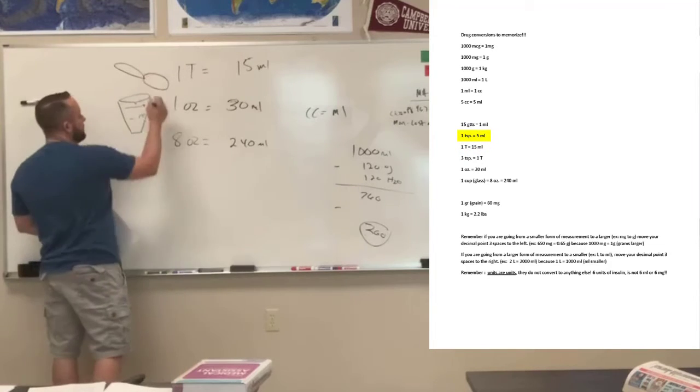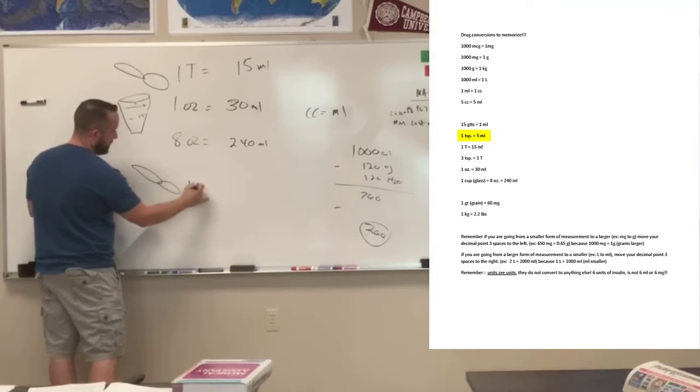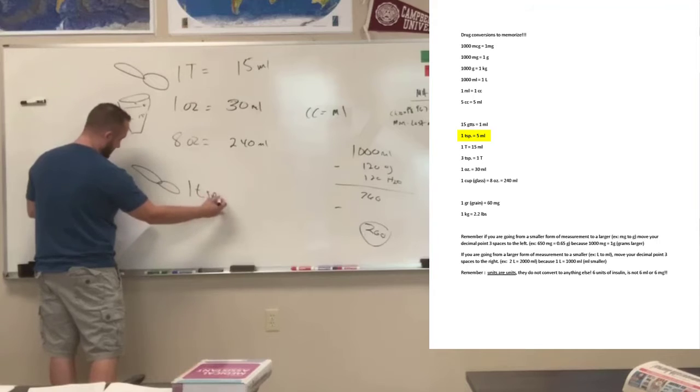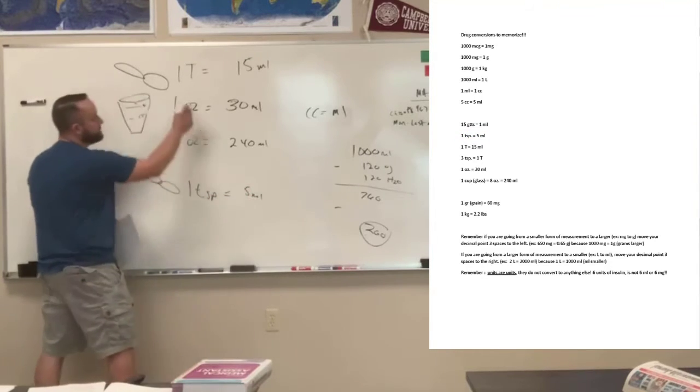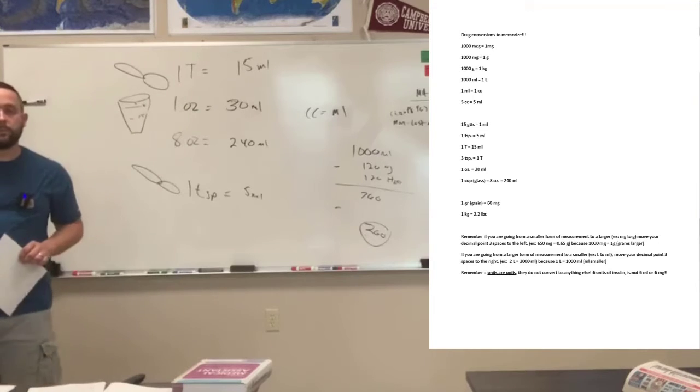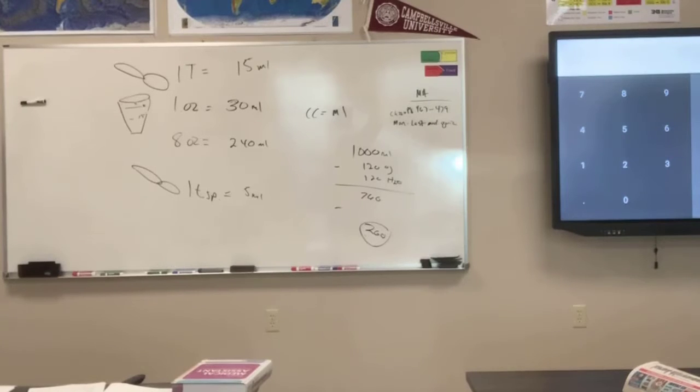And then a teaspoon. I'll draw a smaller spoon to signify that. It's 5 mLs. So 3 teaspoons are in 1 tablespoon. Easy enough, right? Now, micrograms and liters are a little bit different.